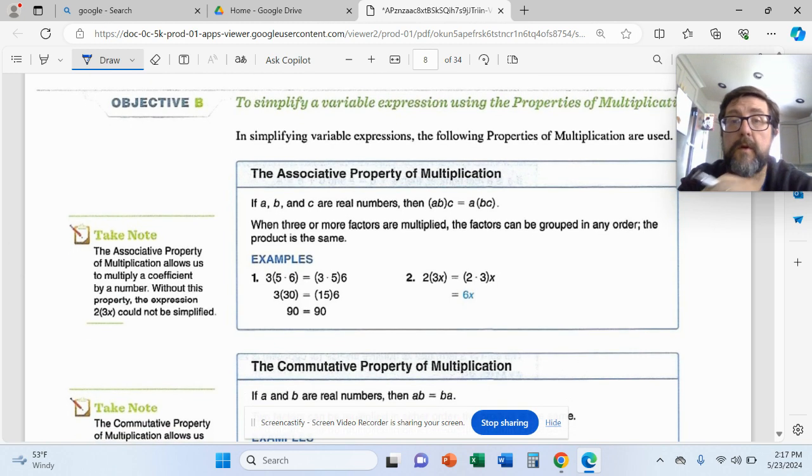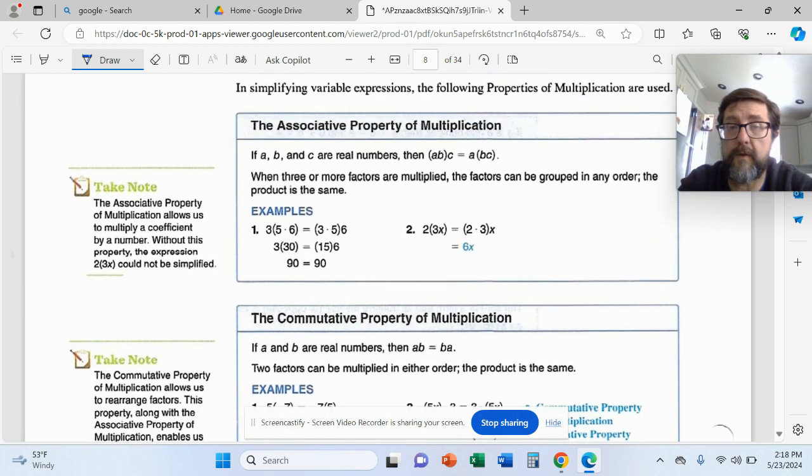This one is to simplify a variable expression using the properties of multiplication. So multiplication is very similar to addition. You can do 5 times 6 equals 30. Well, 6 times 5 equals 30. That's not the associative, that's the commutative down here.